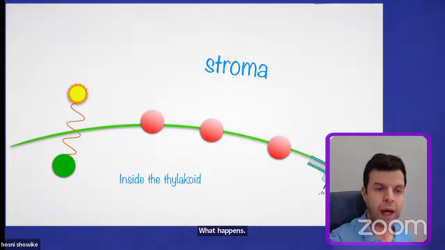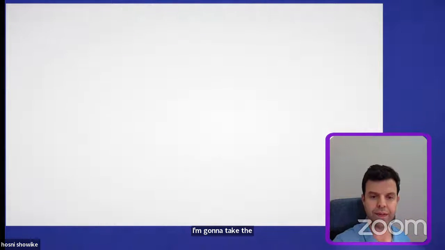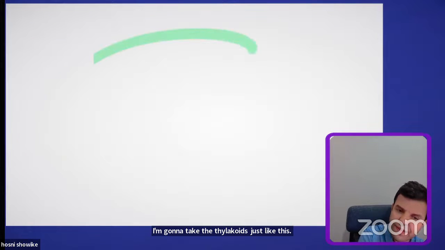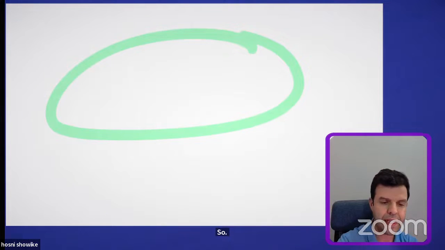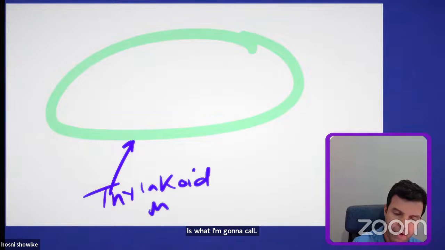So look, I'm going to take the thylakoid just like this, one of them, and I'm going to split it into two parts. So this part is what I'm going to call thylakoid membrane.